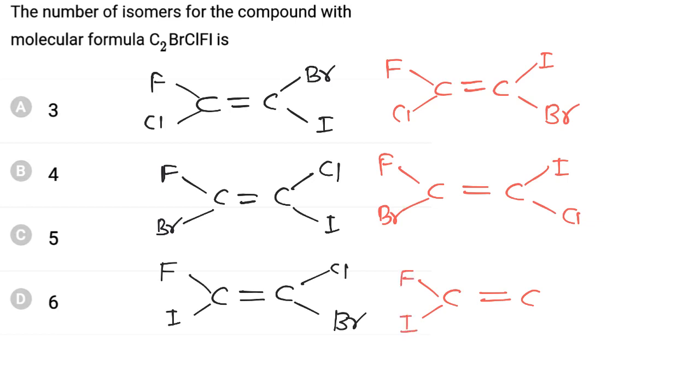In the first structure F and I are joined together; in the next structure we have changed the position of Br and Cl. So a total of 6 isomers can be written from the molecular formula C2BrClFI, and hence the correct answer is D.